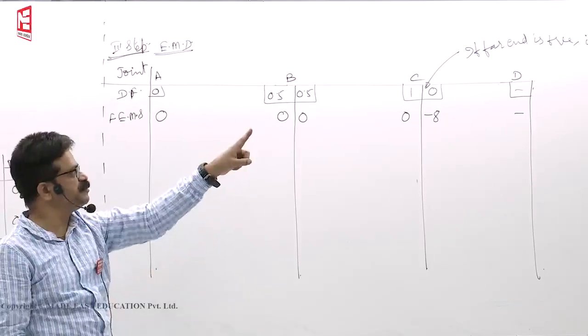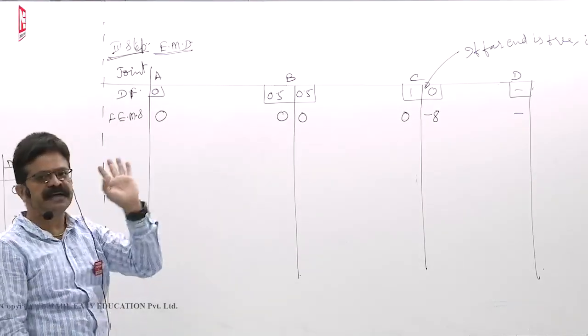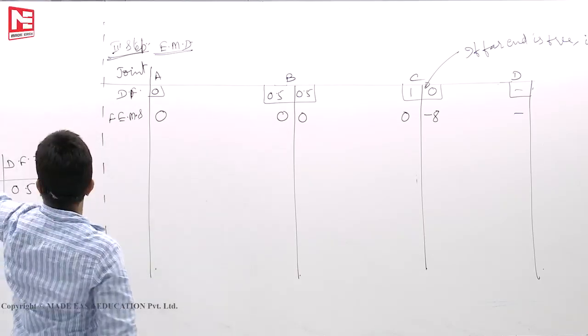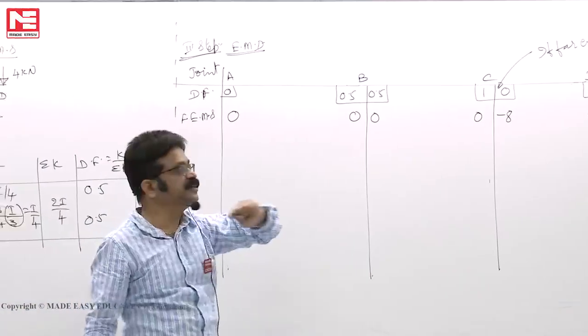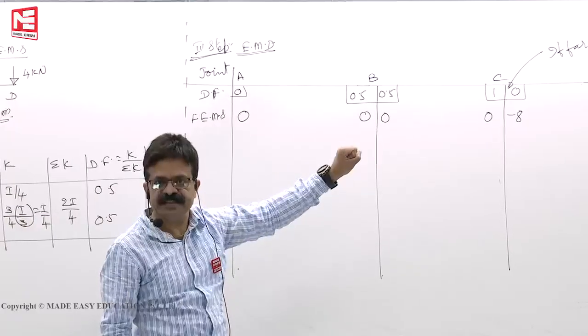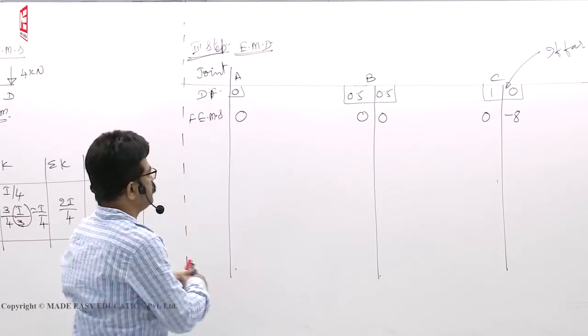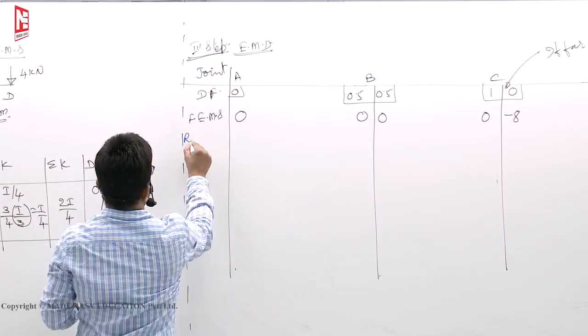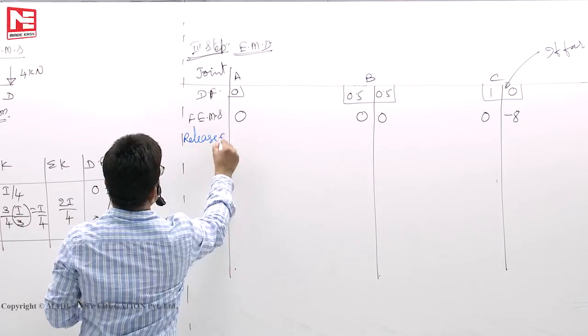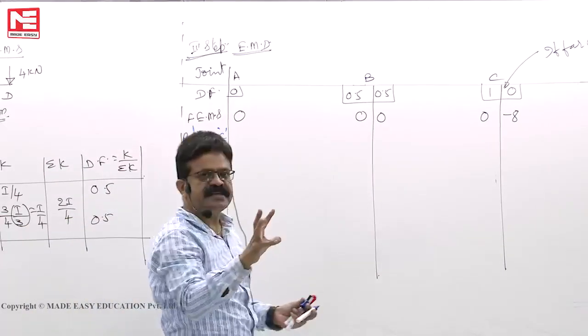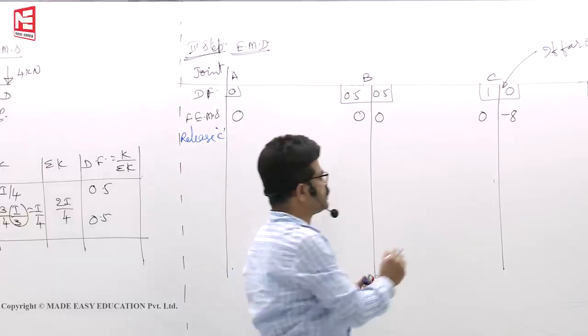Then at C for the member CD, slope becomes 0, 8 kilonewton meter. Now when you see this problem, C is not fixed one, but minus 8 is to fix it. So release C. Minus 8 is to fix it, plus 8 to release.